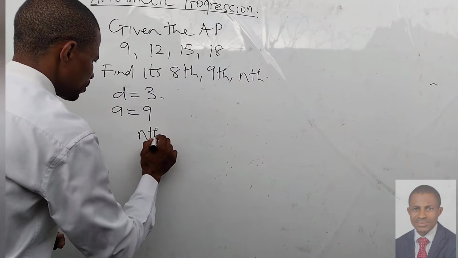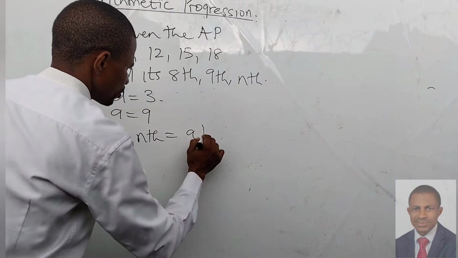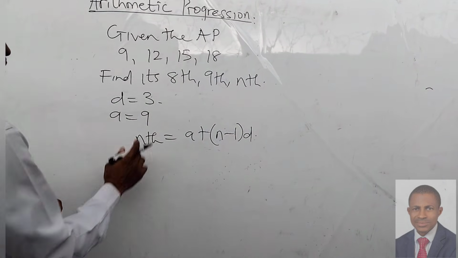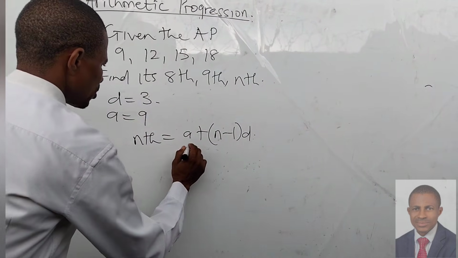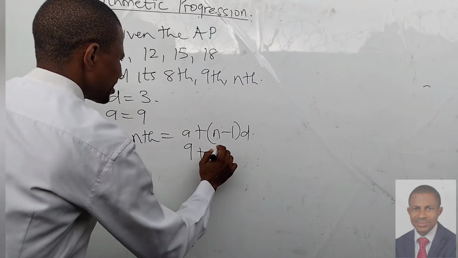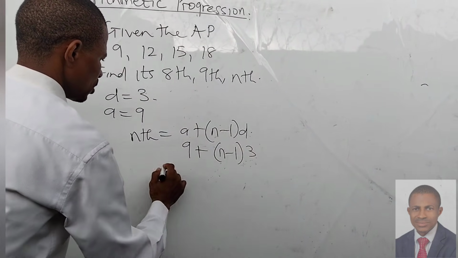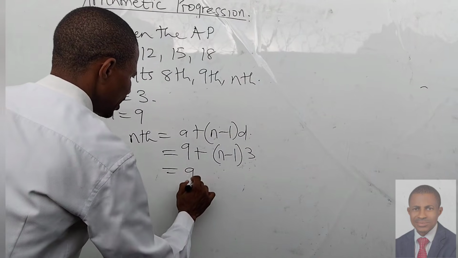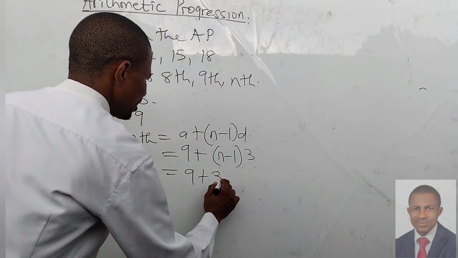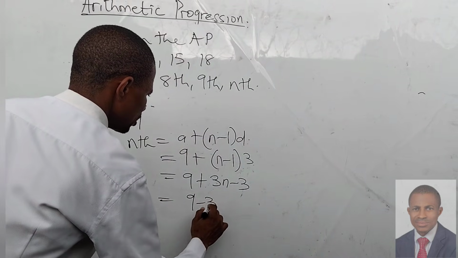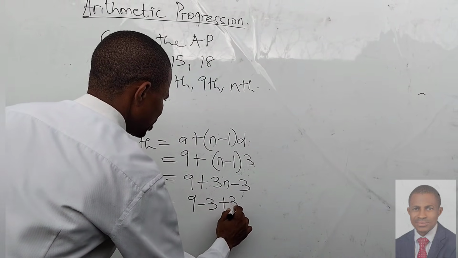The nth term for the above: the first term is 9. We put 9 plus n, we retain the n, and then the common difference will be 3. So we have 9 plus 3n minus 3. That will give us 9 minus 3 plus 3n.